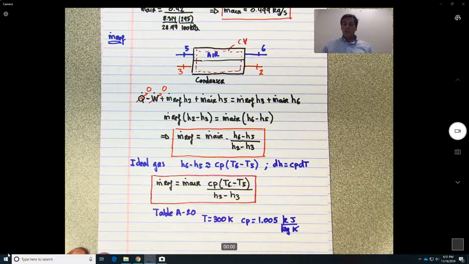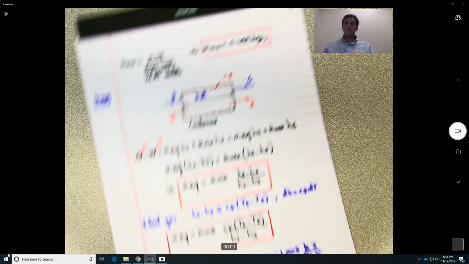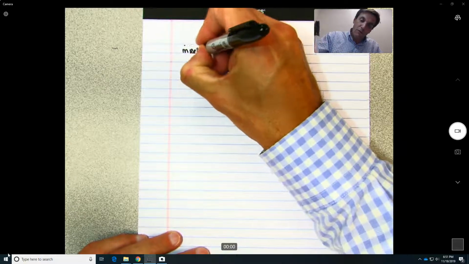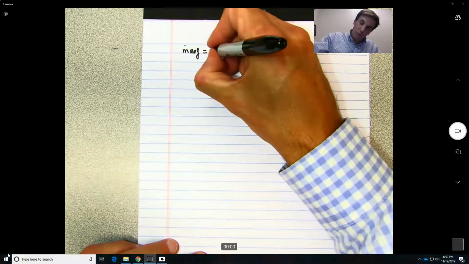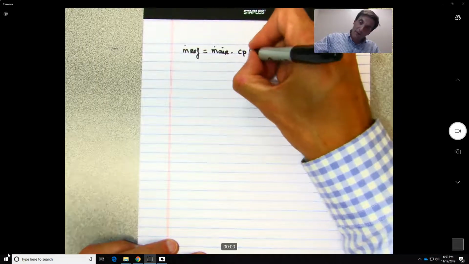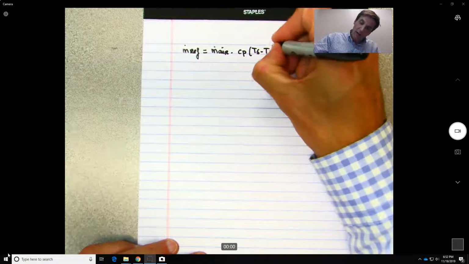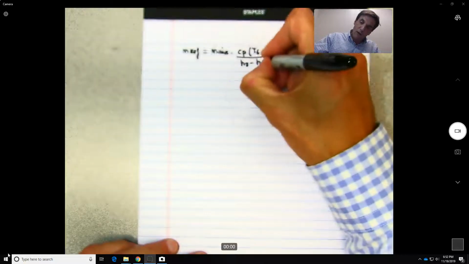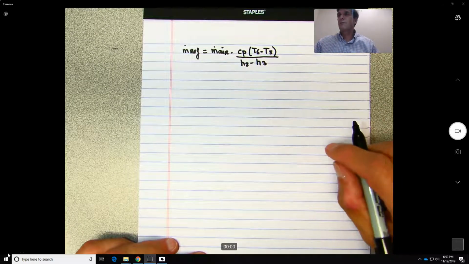Okay, so let's do the numerical application for this one over here. So if we do the numerical application, we have the mass flow of refrigerant is equal to the mass flow of air times Cp times (T6 minus T5) divided by (H2 minus H3).